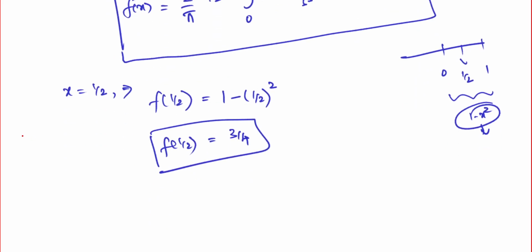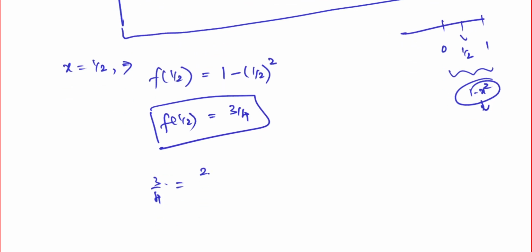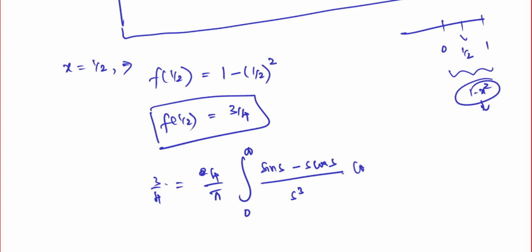So what we get here is 3 by 4 equal to 4 by pi times the integral 0 to infinity of sine s minus s cos s divided by s cube into cos, remember it was sx, but x is 1 by 2, so cos s by 2, into ds.